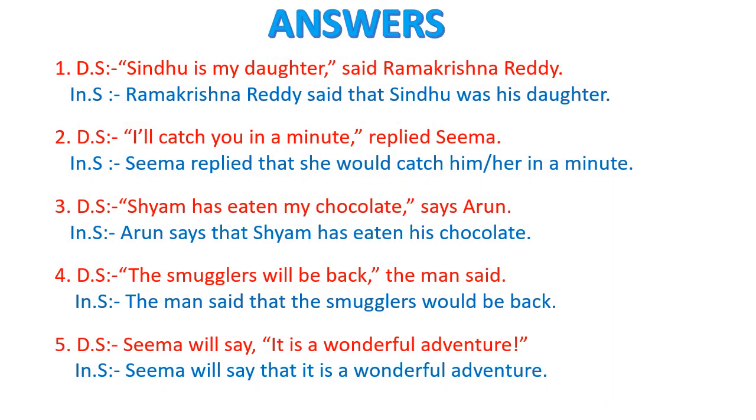After knowing the rules and discussing direct and indirect speech, here are the answers for the textual exercises. Sindhu is my daughter, said Ramakrishna Reddy. Indirect speech: Ramakrishna Reddy said that Sindhu was his daughter. Here, "is" is converted into "was".